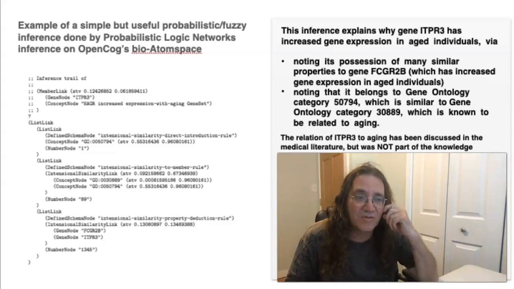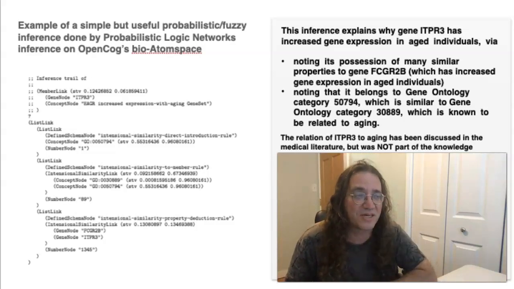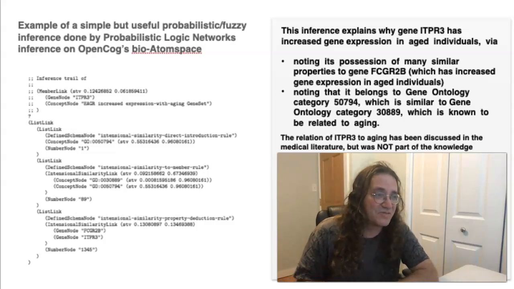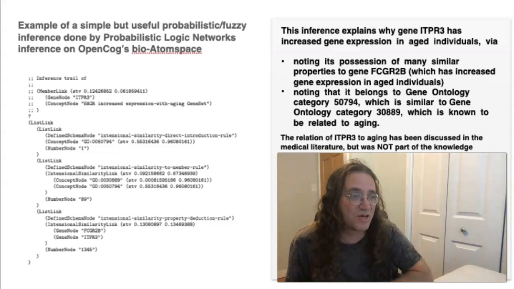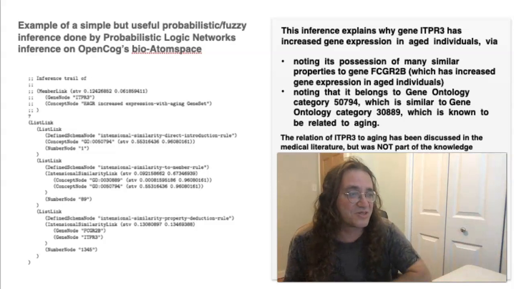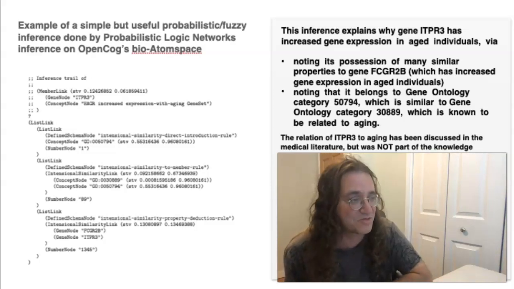So what PLN figured out is, well, one factor is this gene has many similar properties to another gene, FCGR2B, and that gene also belongs to the gene ontology category 50794, which is similar to another gene ontology category 30889, which is related to aging.